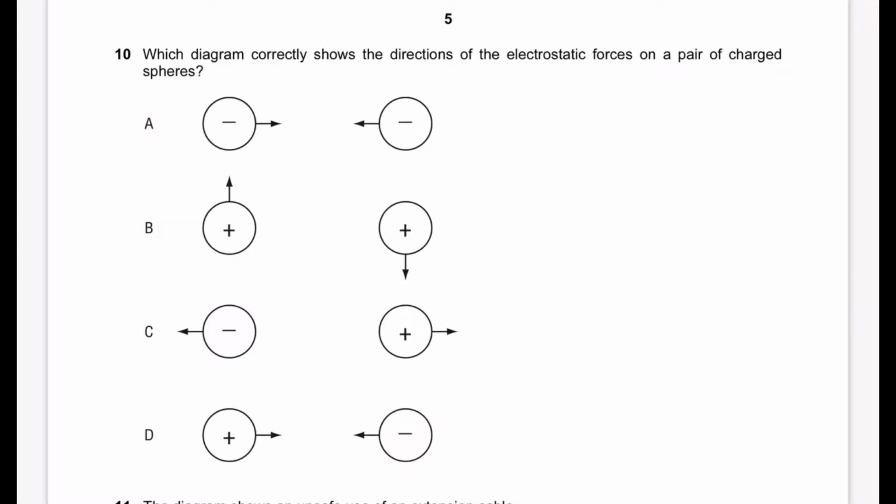Before we move on to the options, let us recall what we know for charged spheres or charges. We know that charges, especially like charges, repel.